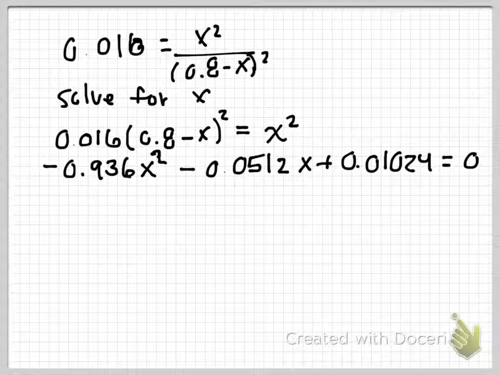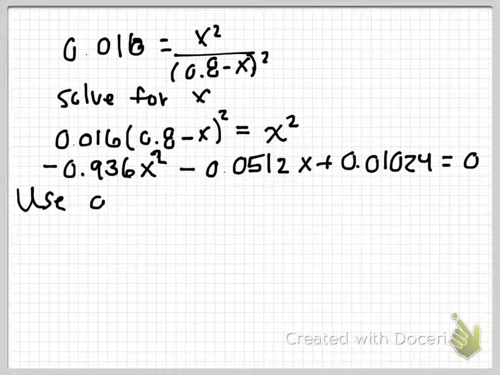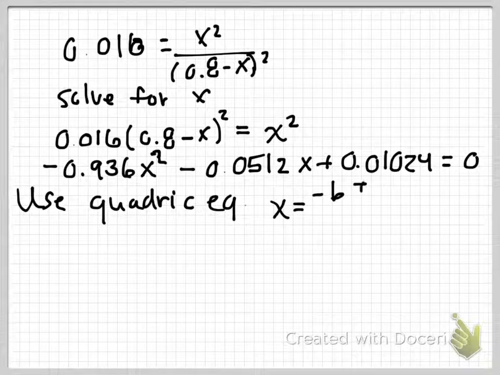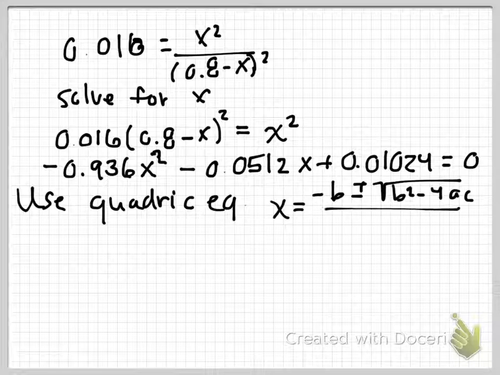Now I have it in a form to use the quadratic equation. Our friend x equals negative b plus or minus the square root of b squared minus 4ac, all over 2a.